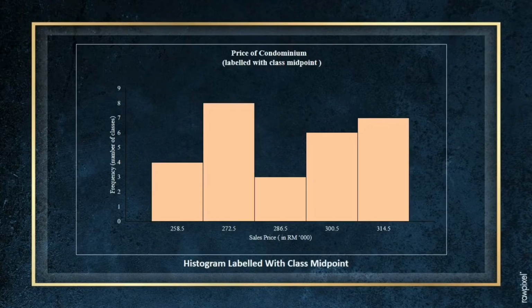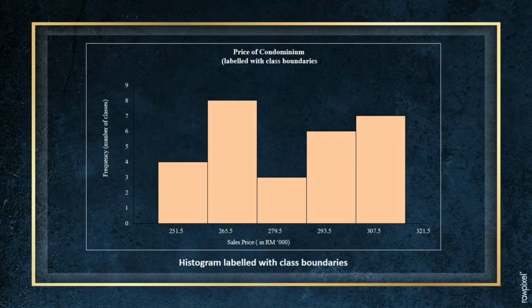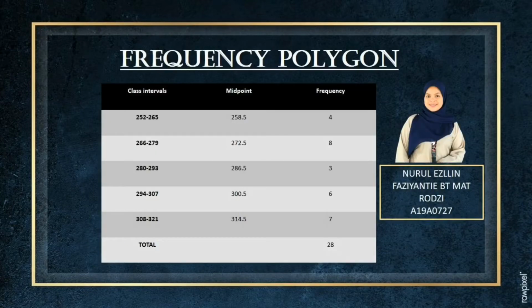To draw the histogram graph, we need to use the data of frequency, number of classes, and class midpoint. Frequency polygon: to get the midpoint, we need to use the formula lower limit plus upper limit, then divide by 2.